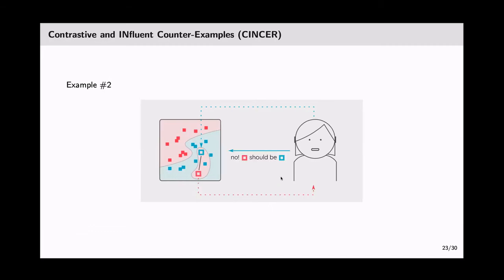However, in this case, the user has the opportunity to fix the counterexample, the example that was in our training set. In this case, we can improve the predictive performance of the classifier in this region.